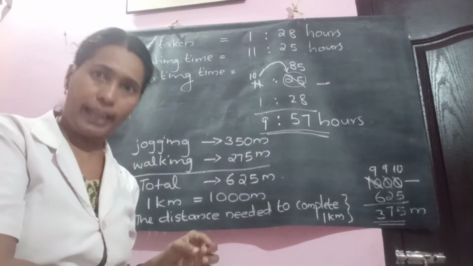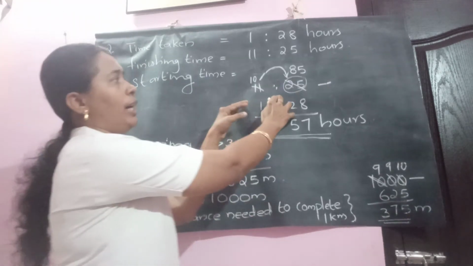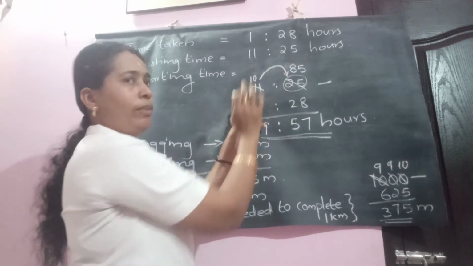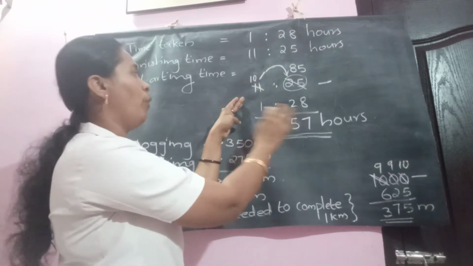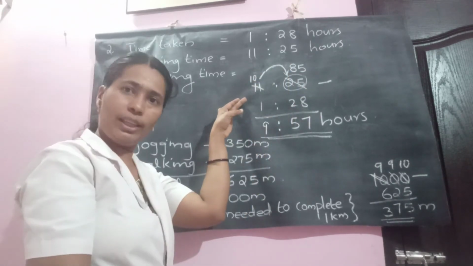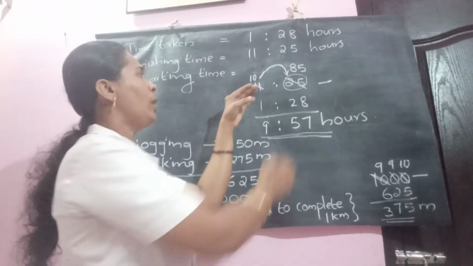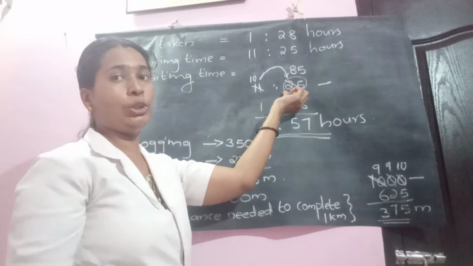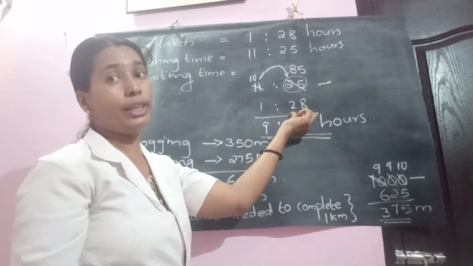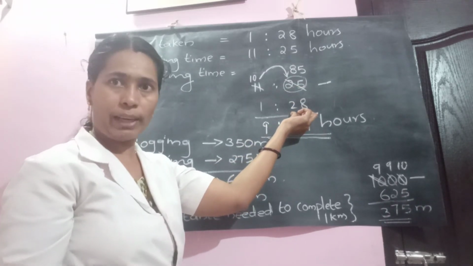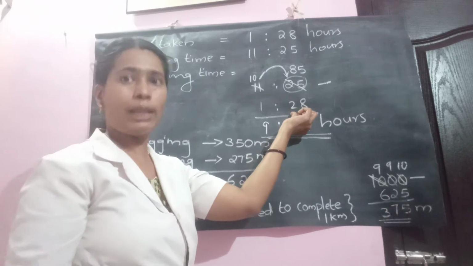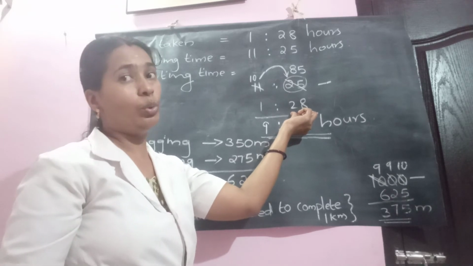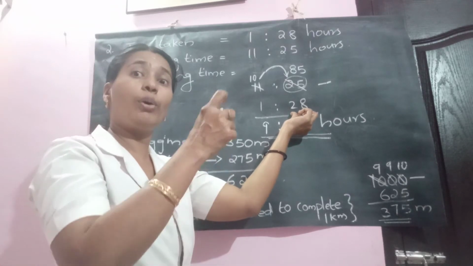Subtract the given times. So, we are doing 11:25 hours minus 1:28 hours. But look at the minutes column. In the minutes column, the first number is 25 minutes and this is 28 minutes. Can you subtract? No. Before subtraction, we have to use the method of borrowing.